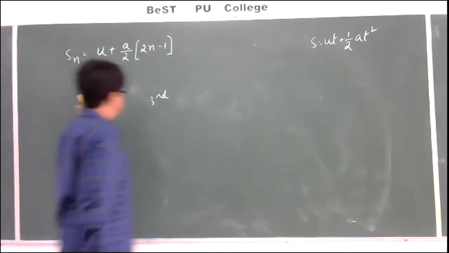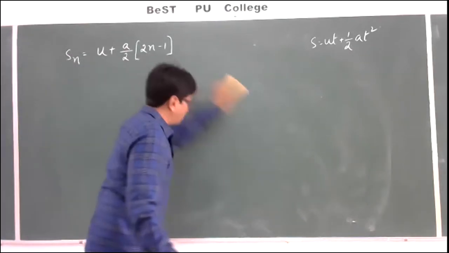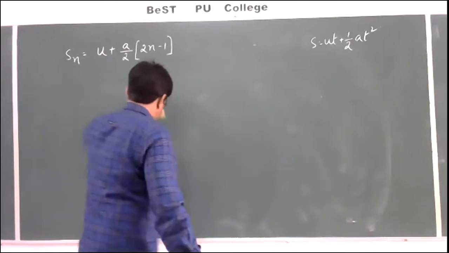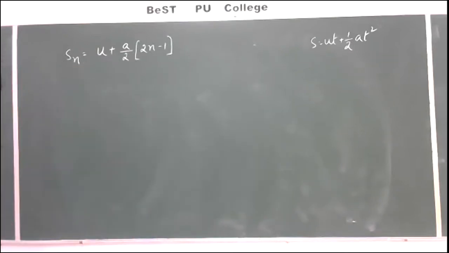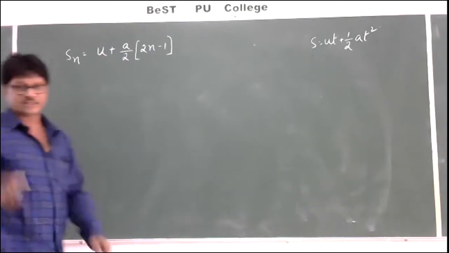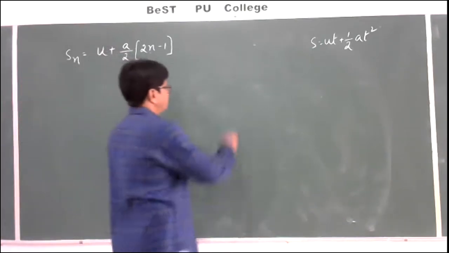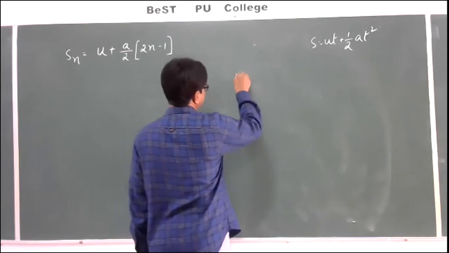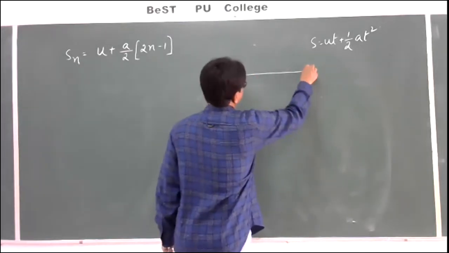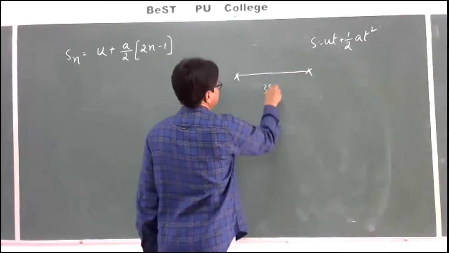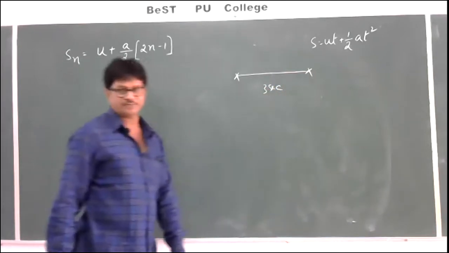So here I would like to find the distance traveled in the nth second. Listen carefully. For example, if the total time taken is 3 seconds, listen carefully.